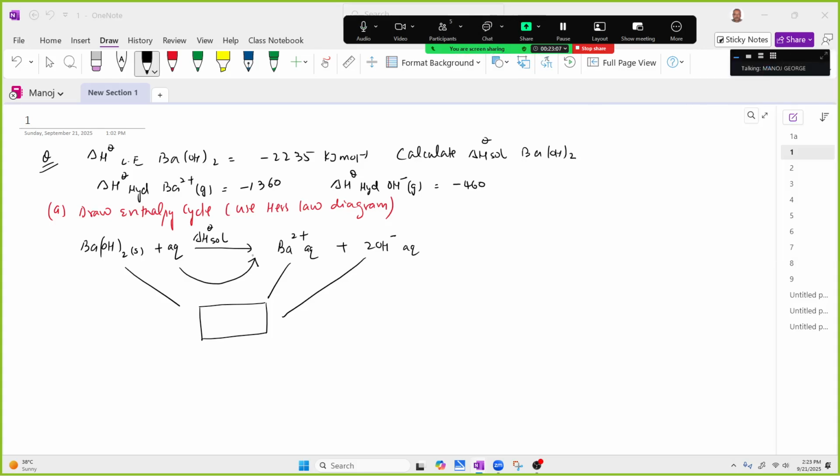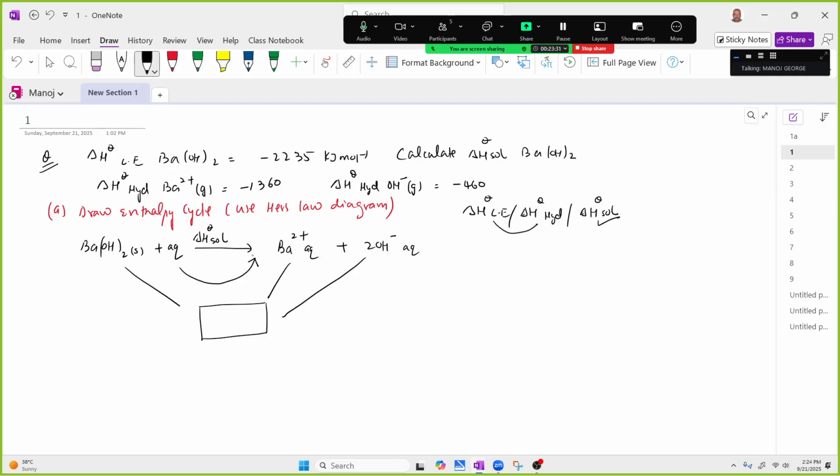So what should be present here? Remember, when I use this diagram, I have to show lattice energy, I have to show hydration energies, and I have to show solution energies. So solution is already done. Now these two are left. So how do I show lattice energy? I have ionic compound solid here.